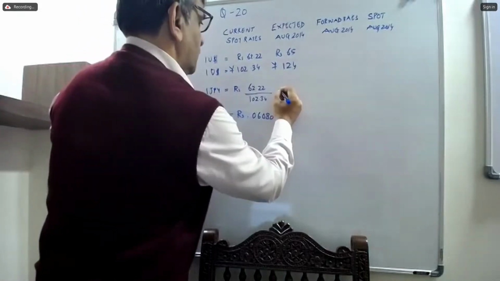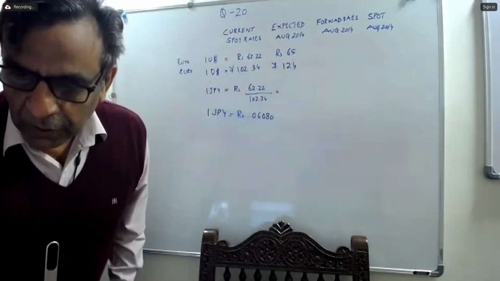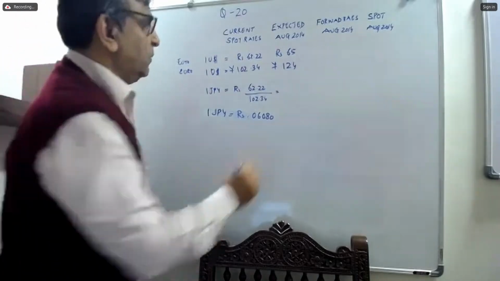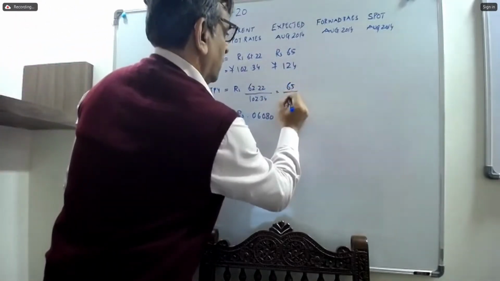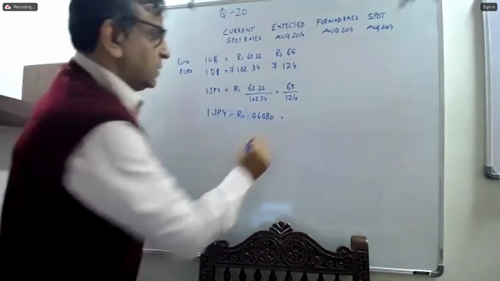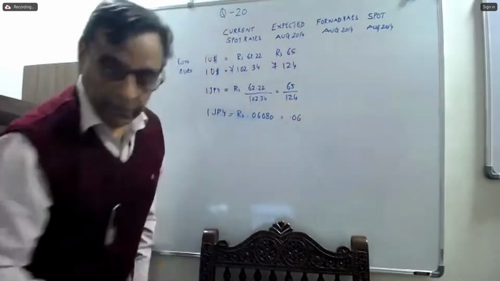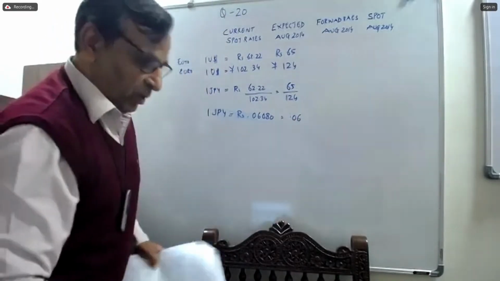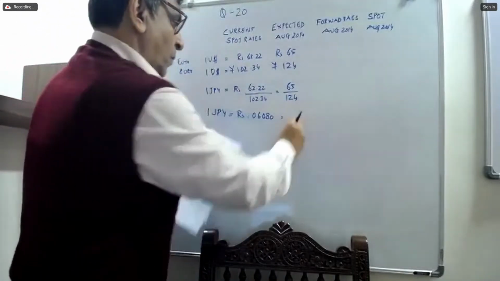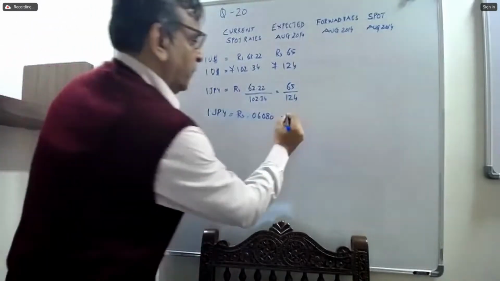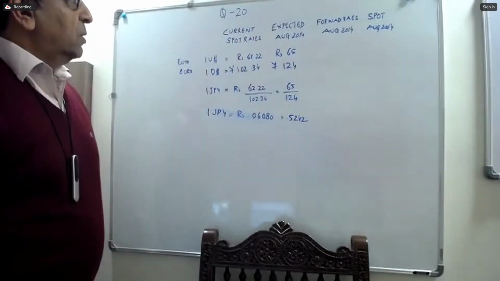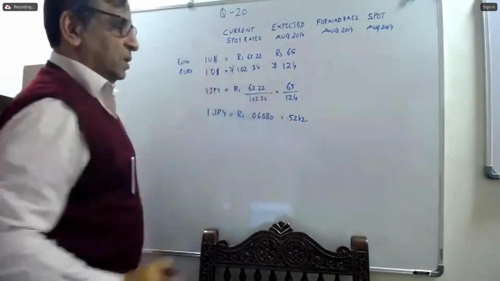So that means one Japanese yen will be equivalent to 65 divided by 124, which will be, expected, sorry, 0.52. Okay, fine. So this is the current, the yen has depreciated.